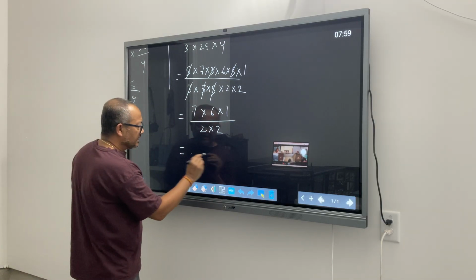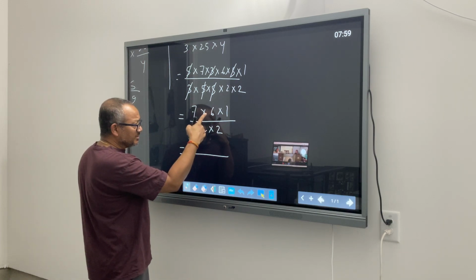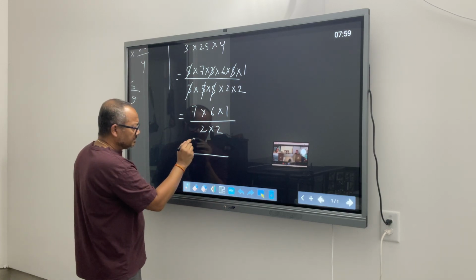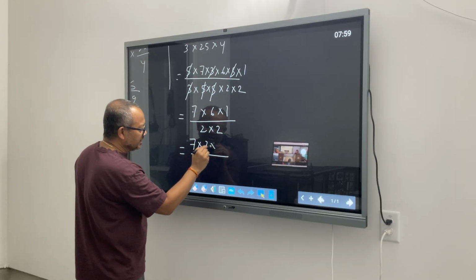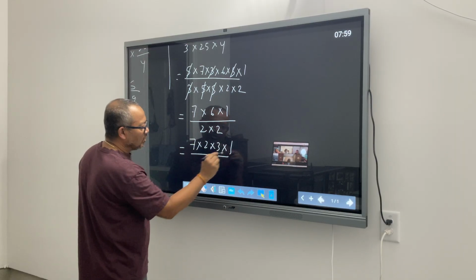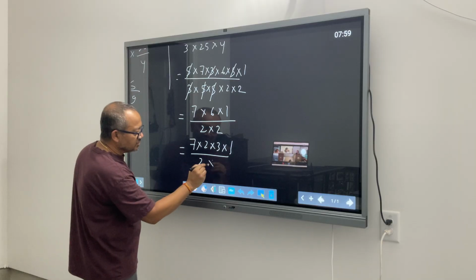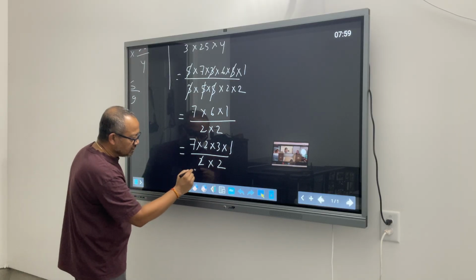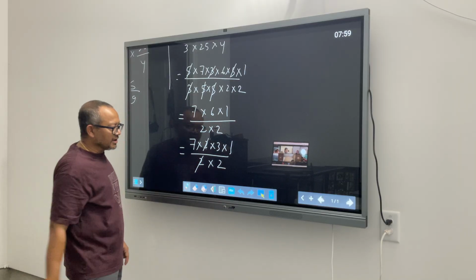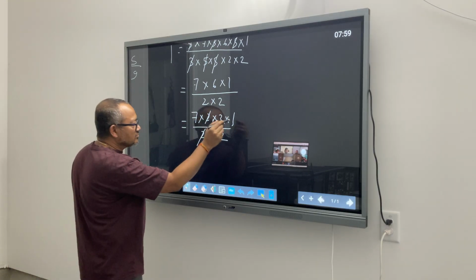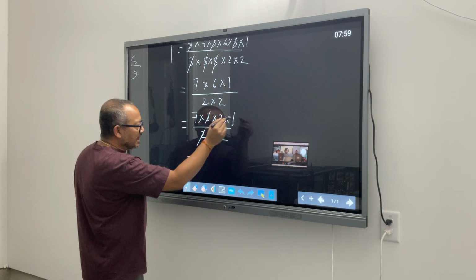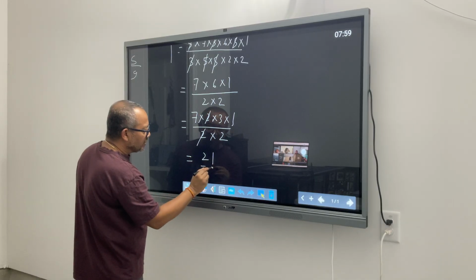So, look at 6. 6 you can break into 2 times 3, right? 7 I cannot break. 6 is 2 times 3. And then you have a 2 into 2. So, 1 2 and 1 more 2 tic-tac-toe. What do we have now? 7 times 3 times 1. 7 times 3 is 21, times 1 is 21 over 2.